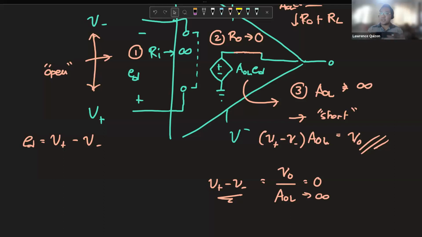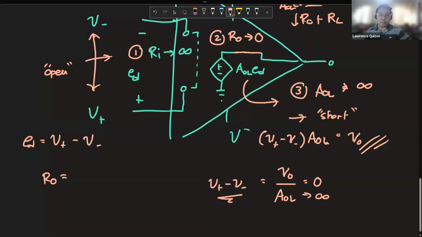By the way, does that make sense? Anyone have any questions about how we turned the model into the ideal op-amp again? Why not just remove R out? But essentially what we did was remove R out. Yeah.